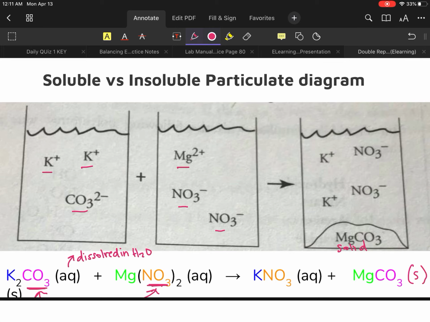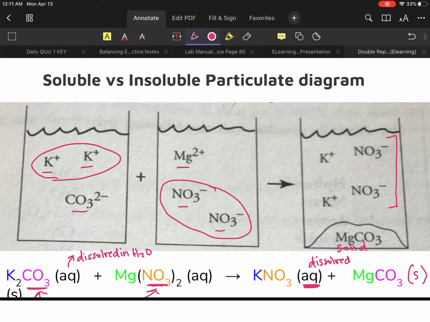We can show that it's a solid by writing an S next to this compound. Up here at the top, we have an aqueous solution. Again, that just means dissolved. And when that happens, we are just seeing these ions that are separate. So we have the same ions that we had before, 2 potassiums and 2 nitrates, and they're just floating around in a solution in this 1-to-1 ratio.